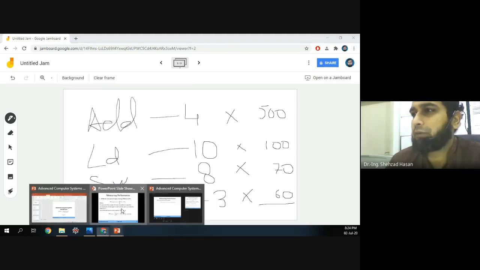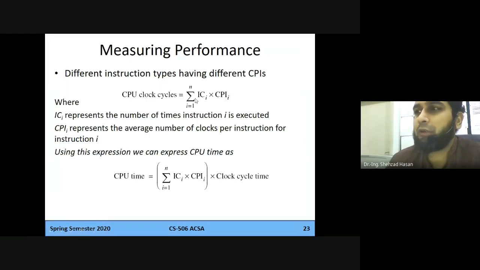When we're talking about this formula here, what we are doing is taking the instruction count of each particular class and multiplying it by its particular CPI. For example, there are 500 add instructions, and each add instruction takes 4 cycles, plus, summation, there are 100 load instructions, and each takes 10 cycles.